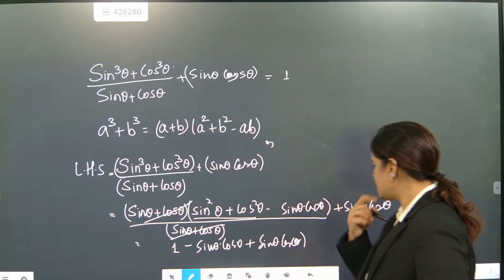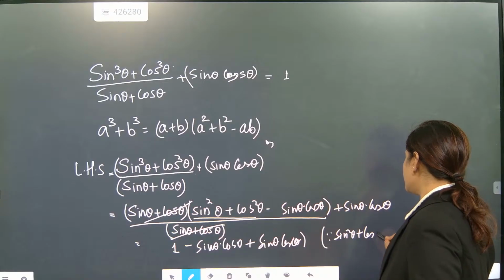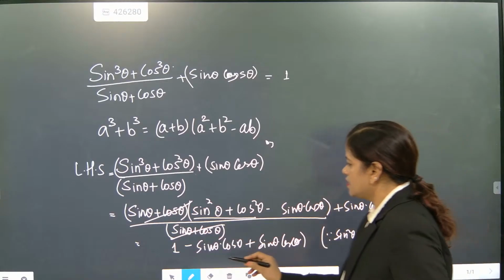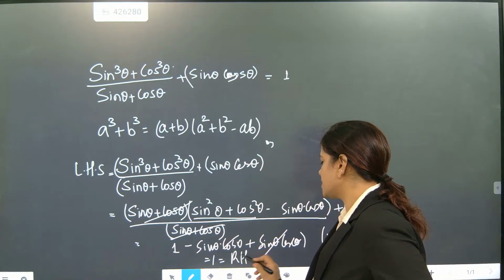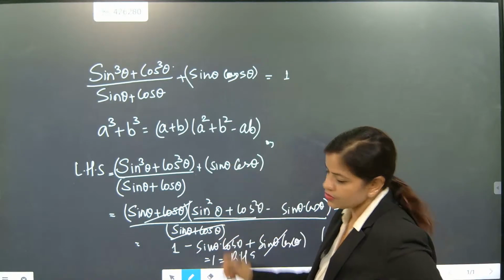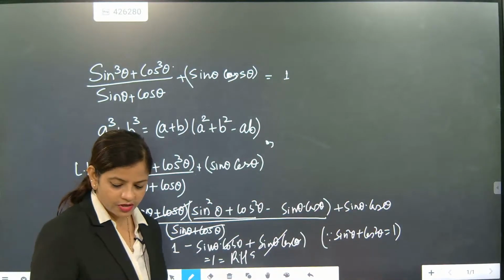And here you must write this, because we know the identity sine square theta plus cos square theta equals 1. So this part and this part will get cancelled. 1 is equal to RHS. So I think it is 2 steps only, not 1 step. Sorry, it is not a 1 step question, it is a 2 step question.